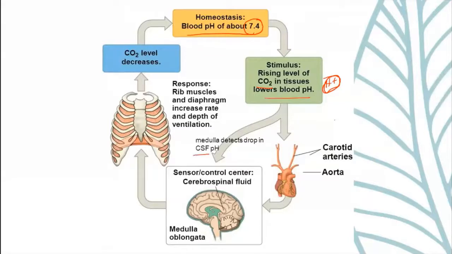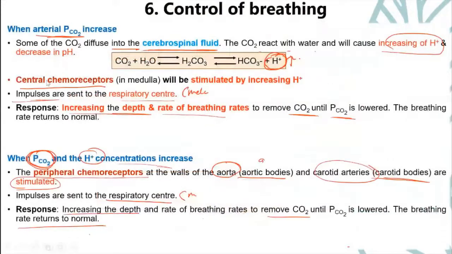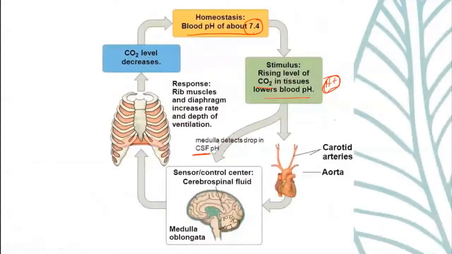respiratory center, okay, in the central chemoreceptor. Yang ni awak boleh jot down, central chemoreceptor. Sebab apa? Central chemoreceptor dia hanya detect hydrogen ion concentration in the, yang ni apa?